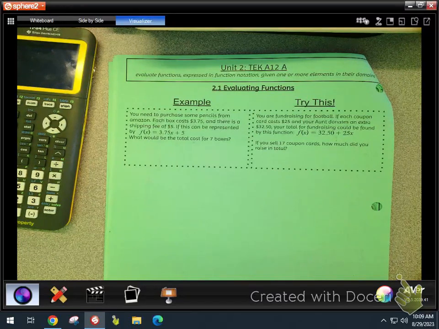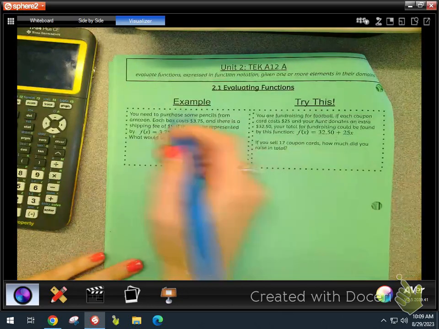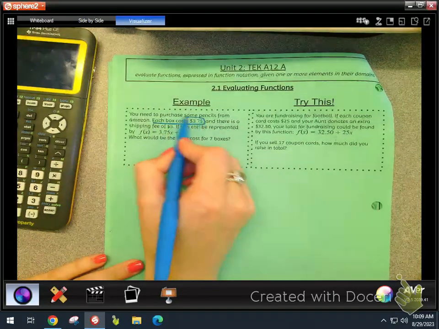How'd they get that? They used each box that cost $3.75 and added that to the shipping fee. So you see how it says each box. Each box is $3.75.